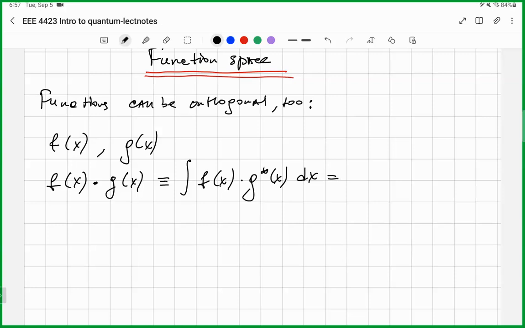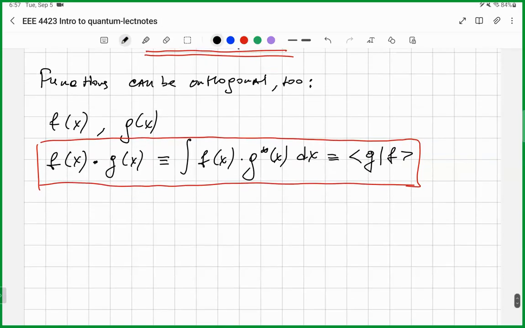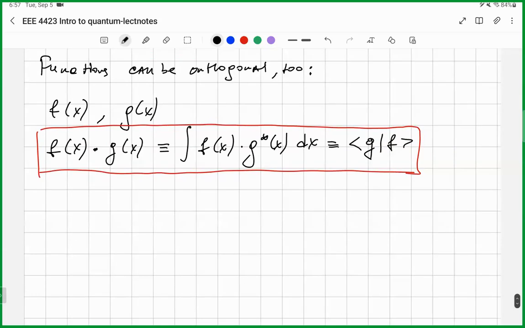And we can also use this ket and bra notation to write the same in this form, <g|f>, like this. So we can introduce the inner product of two functions, and we can also use this Dirac notation for the function products. And yeah, so basically the language is the same.